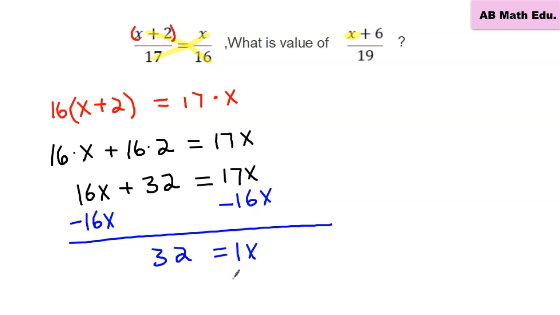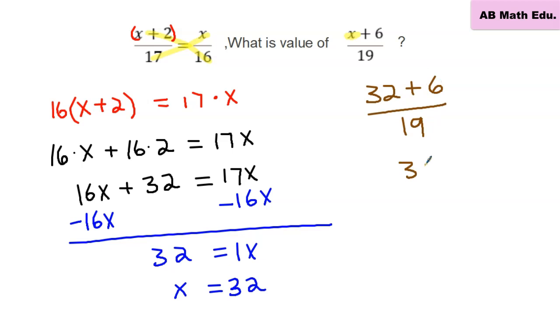We are looking for the x, which is 1x, so we can swap it and say x is equal to 32. Now we are going to find the value of this expression. So wherever we see x, we will put 32. 32 plus 6 divided by 19, and we get 38 divided by 19, and that gives us 2.